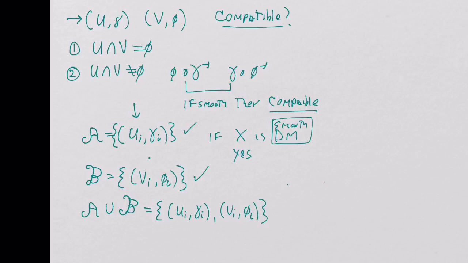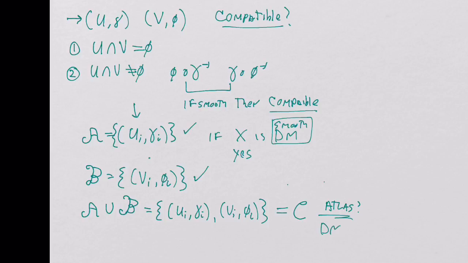And so now I have two questions. First, one's easy. Do I still have an atlas? Is this, which I'll call C, an atlas? And the answer, of course, is yes, it must be an atlas, because this one's an atlas and that one's an atlas, so their union is going to be an atlas. The question, though, is whether C is an atlas belonging to a differentiable manifold.